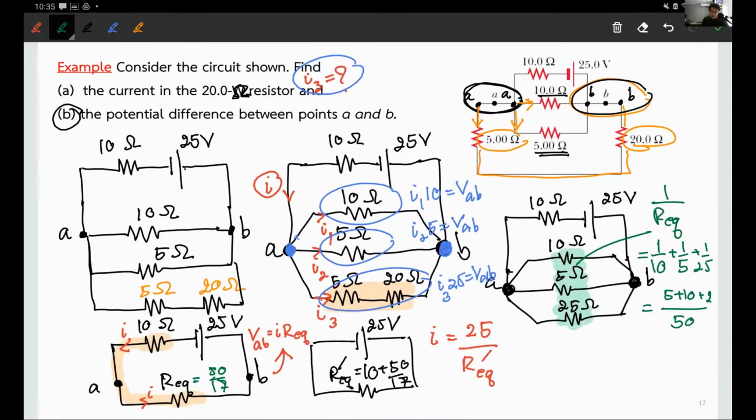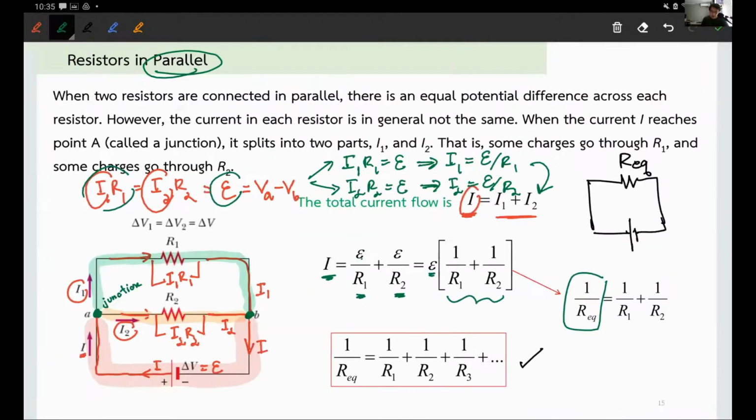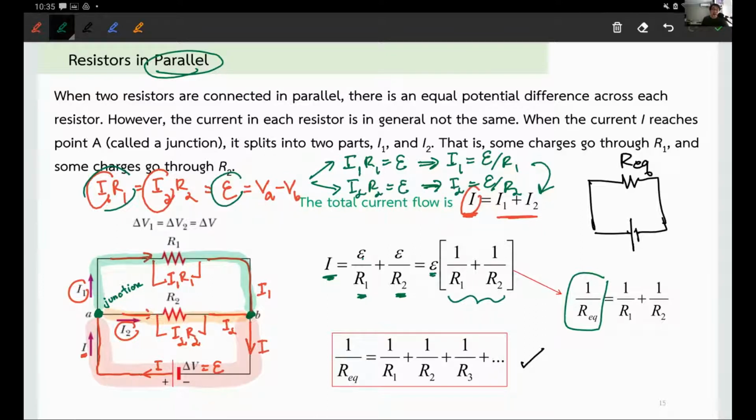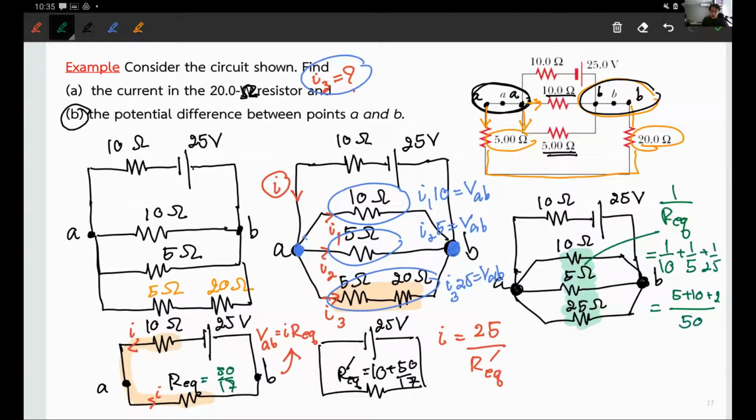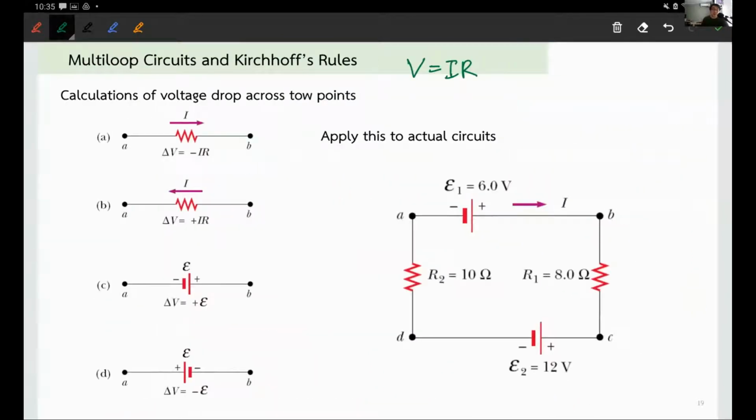When you look back here, what kind of elements do you have up to this point? The elements in the circuit are either the resistor or the battery. There are only two elements in your circuit at this point. So if you know how to evaluate the potential difference across these two elements, the resistor and the battery, then you already know how to apply the loop rule.